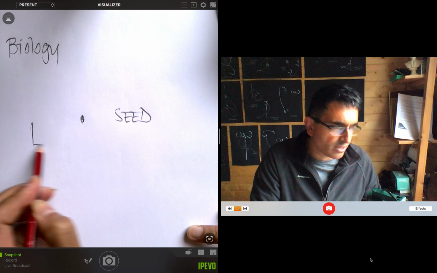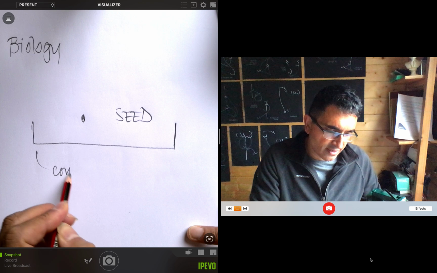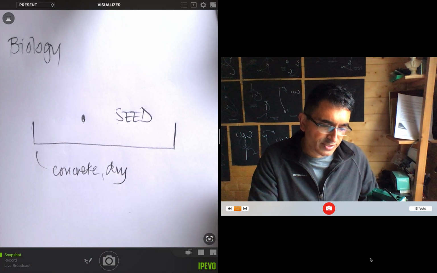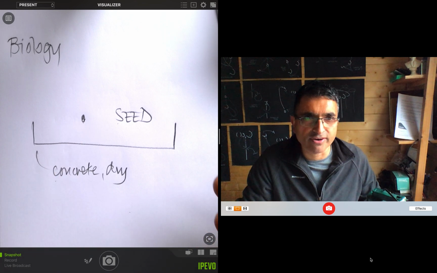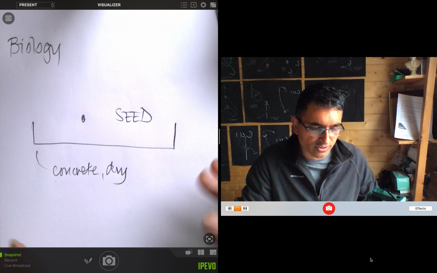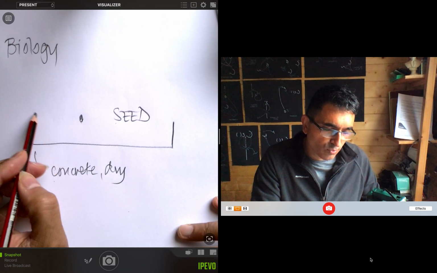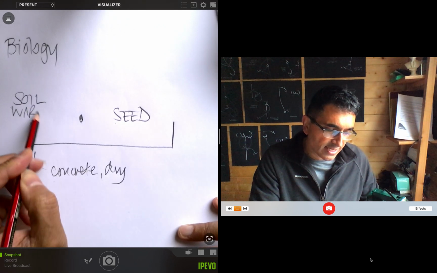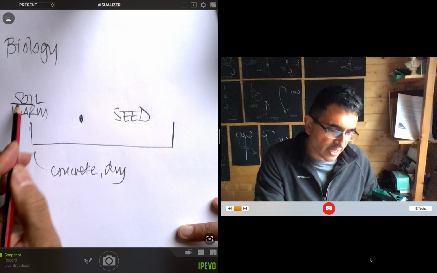If the conditions are, I don't know, concrete, dry, the seed doesn't do anything, right? Its response to those conditions is pretty null. It might just die very quietly, or might just not. But if you put it in a condition of soil, which is warm, which has certain nutrition, the seed responds to those conditions by turning into a plant.